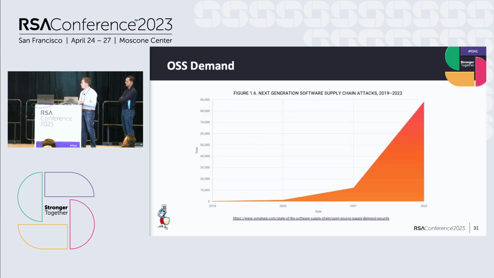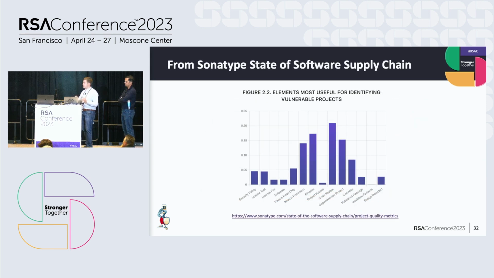So with that growth in open source, unfortunately, we also have a lot of growth in supply chain attacks themselves. This is why it's more important than ever to really be looking at where your open source software is coming from, but on top of that, how it's actually being managed and really, is it in a safe state? I recommend to anyone who is starting to look at software supply chain issues and security issues with it, this is a really helpful report. Within it too, they looked at different tools to see what are good indicators that a project over time is going to become vulnerable.